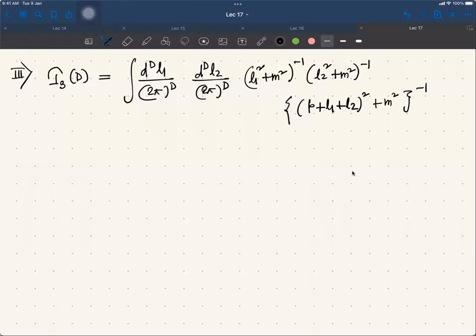So insert one over 2d del L1 mu del L1 mu.